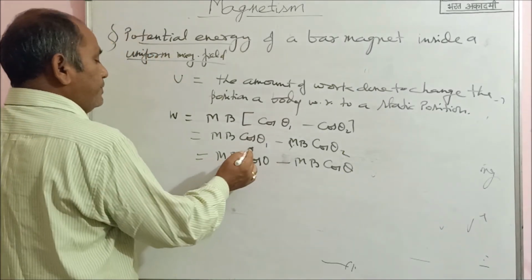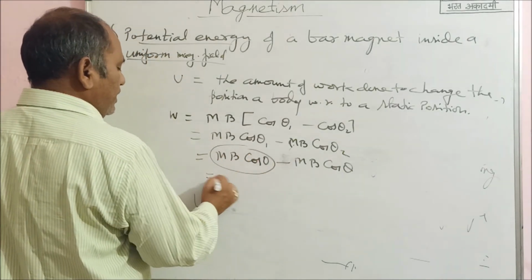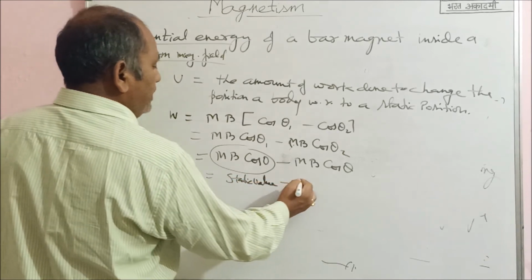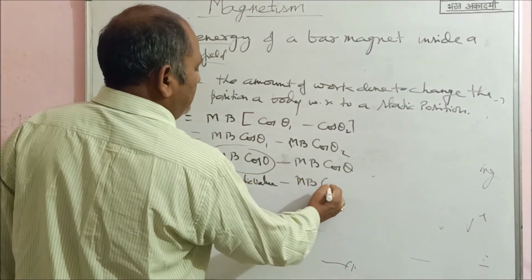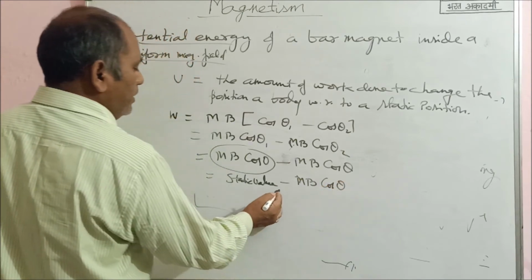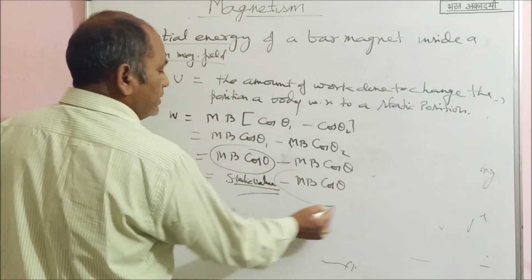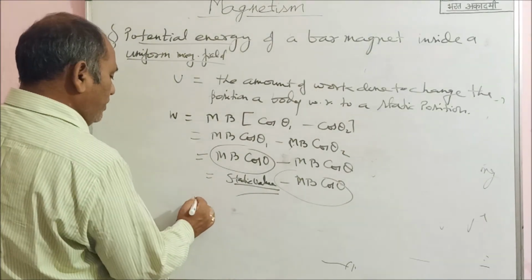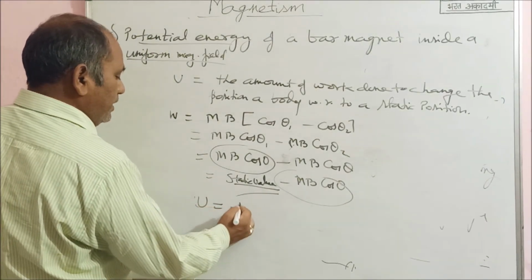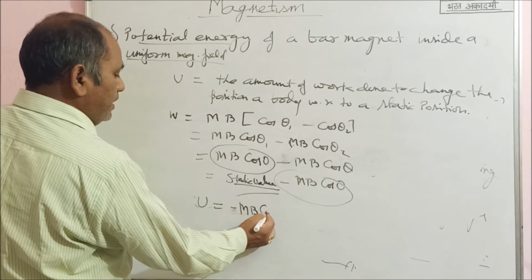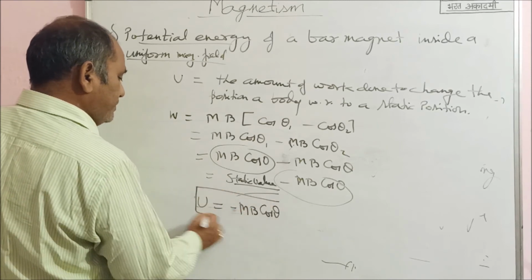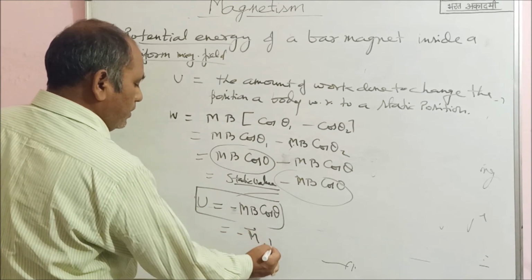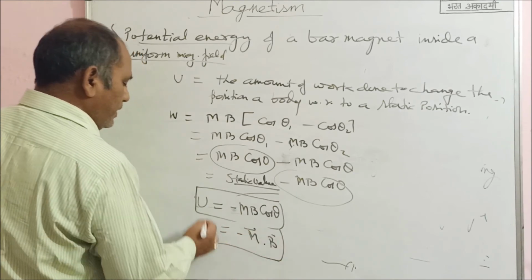So this 0 value we call static value, minus mB cos theta. So with respect to this, whatever work is done, that will be the static potential energy. So U will become minus mB cos theta, or you can write minus m dot B, right?